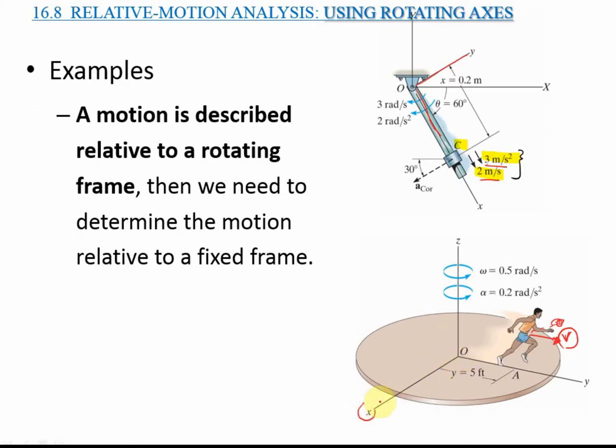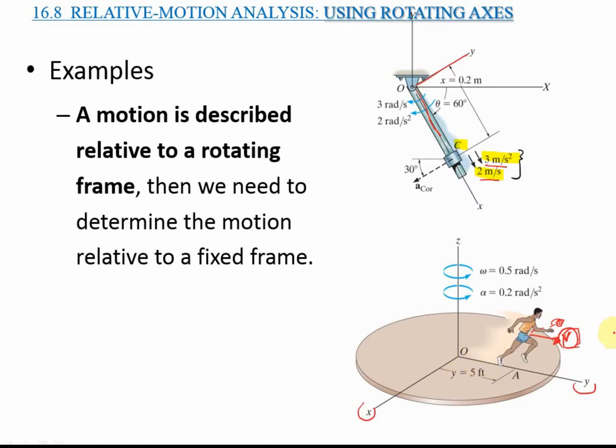So let's say this small x and y is attached on the disk, and this frame is rotating with the disk. Then the velocity you describe as linear velocity, which is just coming out of the disk, is the velocity that is described relative to a rotating frame.